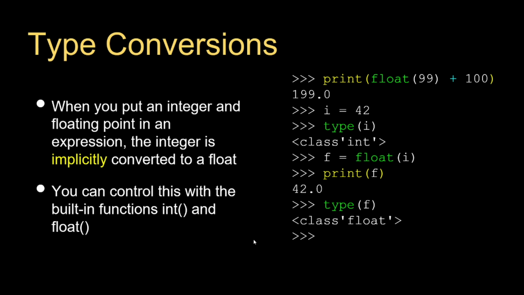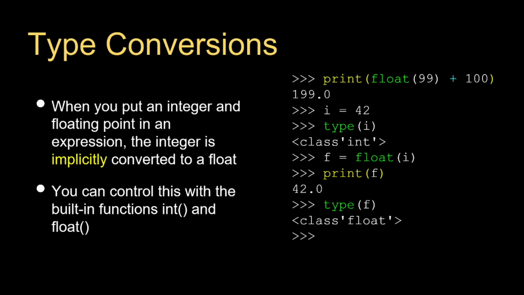This means that if you are performing a calculation which has a float and an integer, the result would be in the form of a float, meaning it has a decimal part, even though one is an integer. You can control this with the built-in functions int and float.